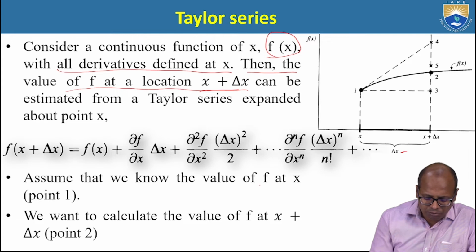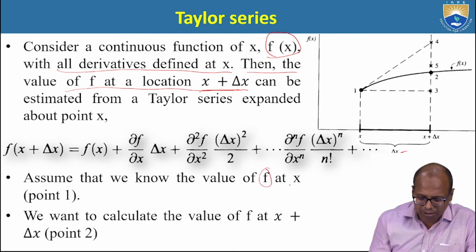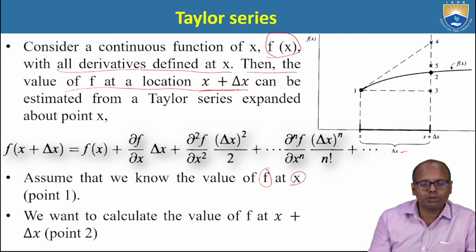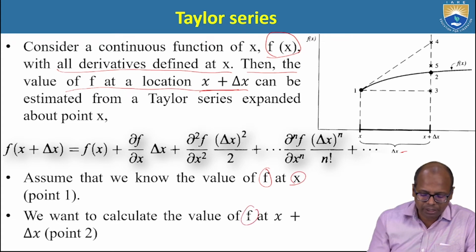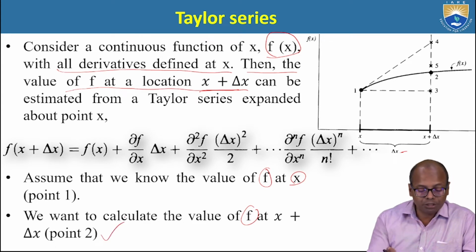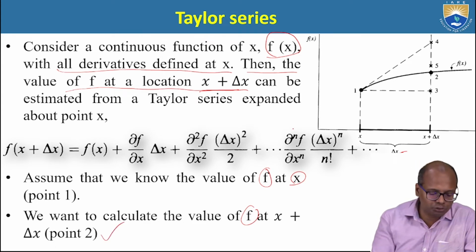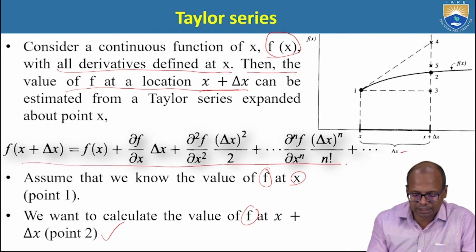This is what I am saying. We know the value of f at x, or point 1. We are finding the value of f at x plus delta x, or point 2. And for doing this we use the Taylor series expansion.